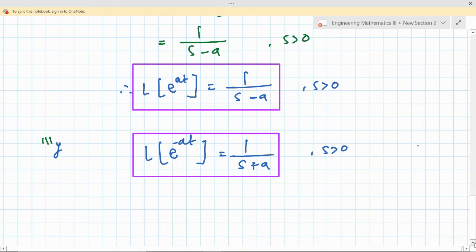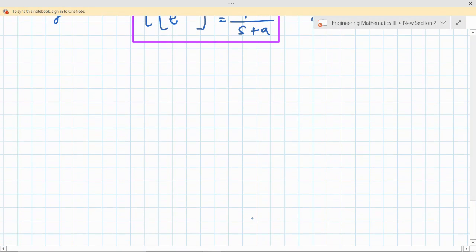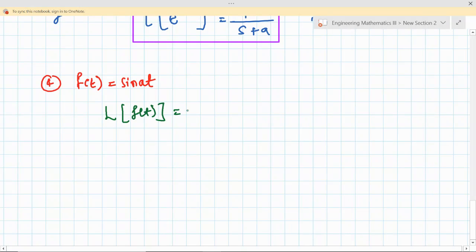Suppose similarly we take the Laplace transform of the next function, the fourth rule. Suppose f of t is equal to sine of at. What is the Laplace transform of this function? Again use the formula: Laplace of f of t is equal to integration 0 to infinity e raised to minus st into f of t dt.